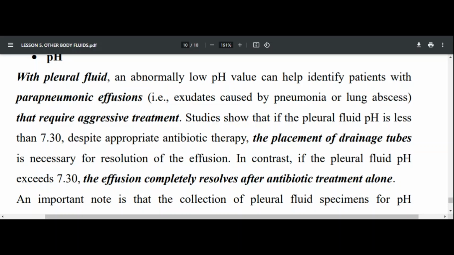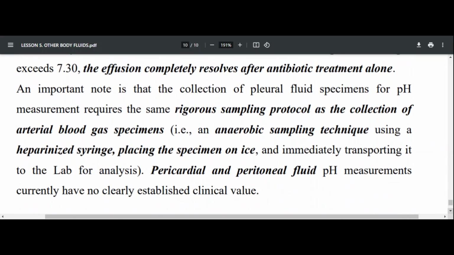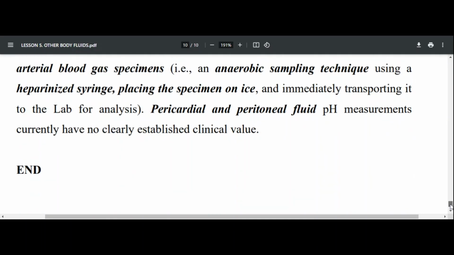So pH in the fluid, especially pleural fluid, can be very important, because this requires very serious treatment for parapneumonic effusion clearance. In other effusion fluids, pericardial or peritoneal, pH normally may have no clinical significance.